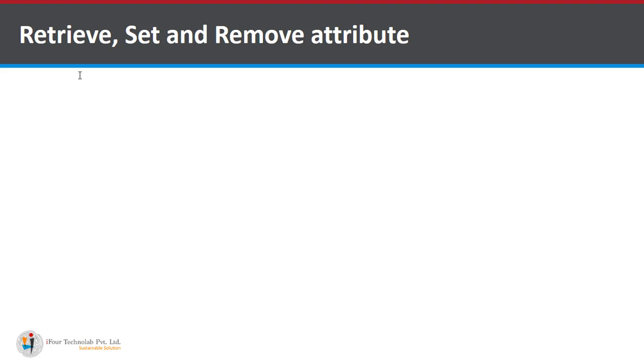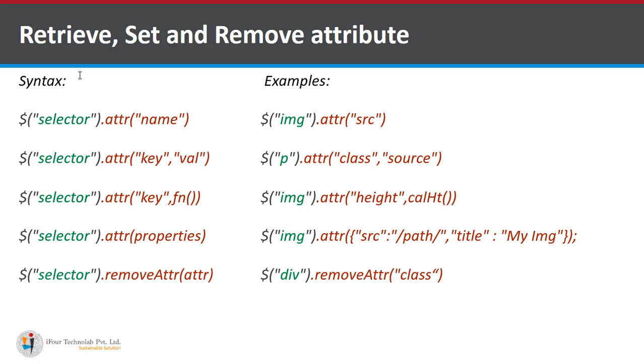Now next is how to retrieve, set and remove attributes from the HTML body. So first one is $ selector .attr, which is short for attribute, with brackets, attribute name, used to retrieve the source attribute of an image. Second one is $ selector attribute key comma value. So suppose I want a class, used for setting a class attribute for a paragraph.